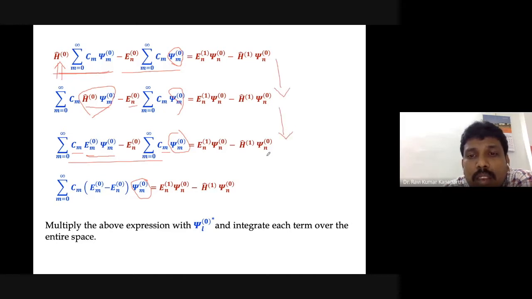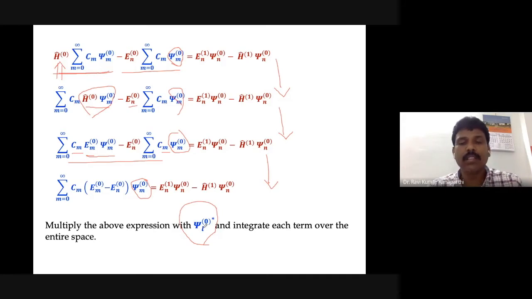And finally after doing this, what we can do is multiply the entire expression with a complex conjugate of the unperturbed wave function, that is some general term, psi l of 0 star. It is essentially the eigenfunction of the unperturbed system, and we are multiplying its complex conjugate with the entire expression.